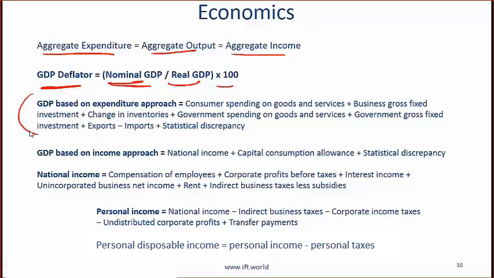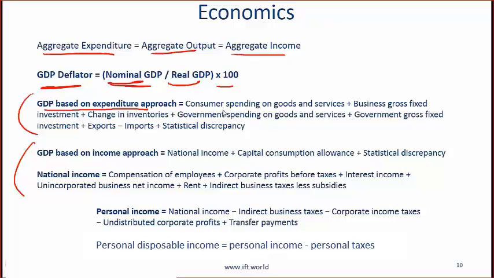All right, now these next few are type 3 or type 4, where I would encourage you to read these several times, try to memorize them, and then as you practice questions, hopefully you will be able to internalize these formulas. But you can calculate GDP based on the expenditure approach.